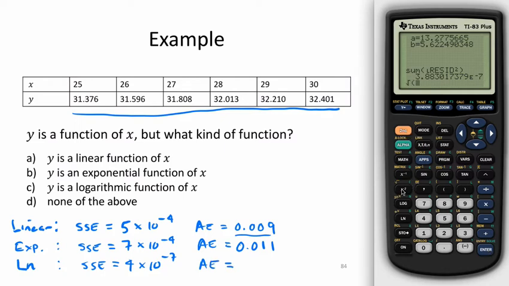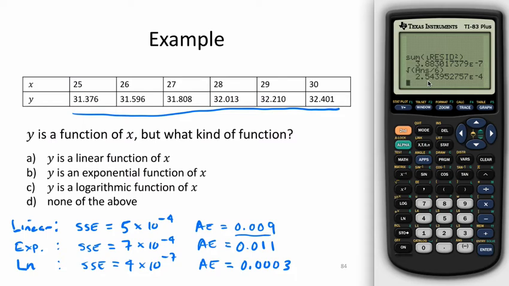The average error, to get us back to an error that we can compare directly to our y values, is the square root of that previous SSE answer divided by the 6 data points, which is less than 3 times 10 to the minus 4, which is approximately 0.0003.